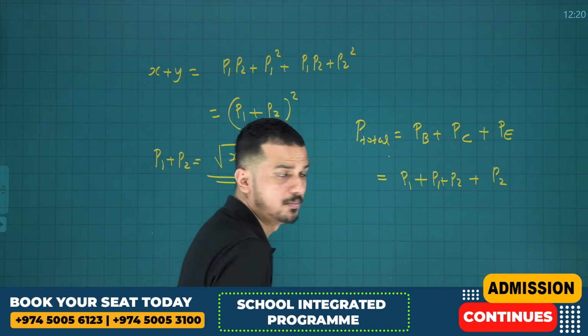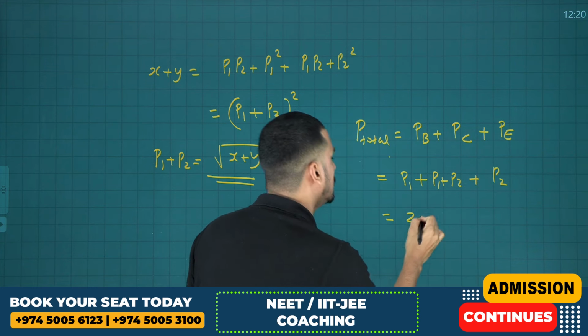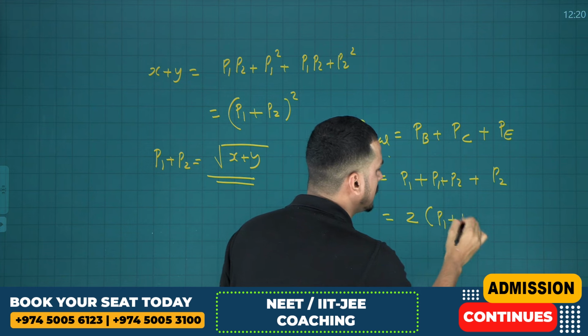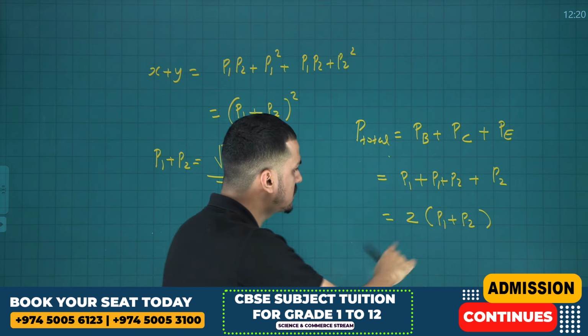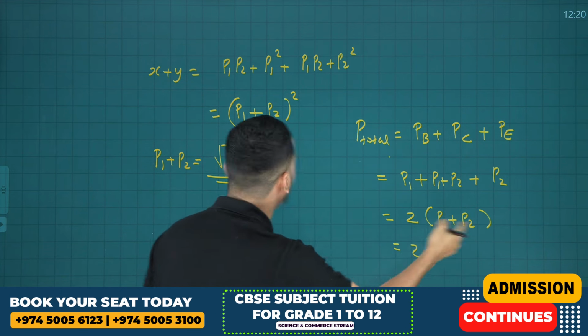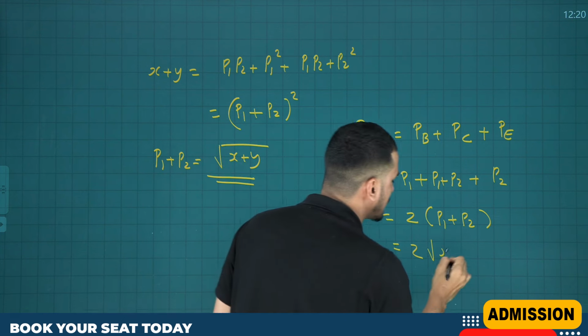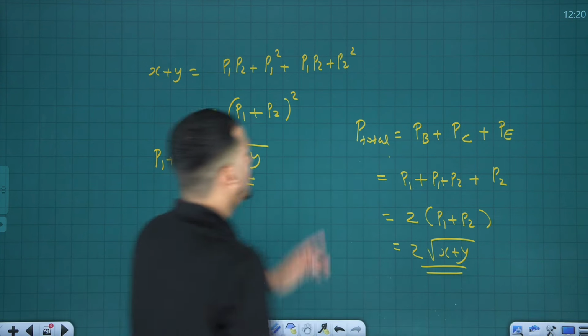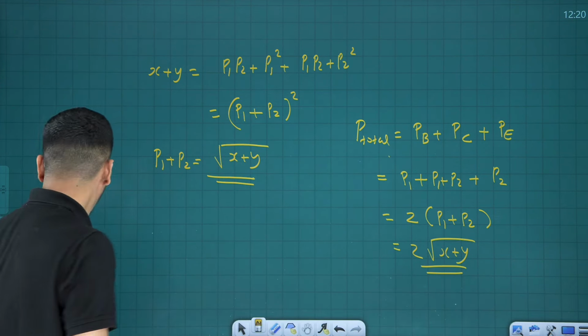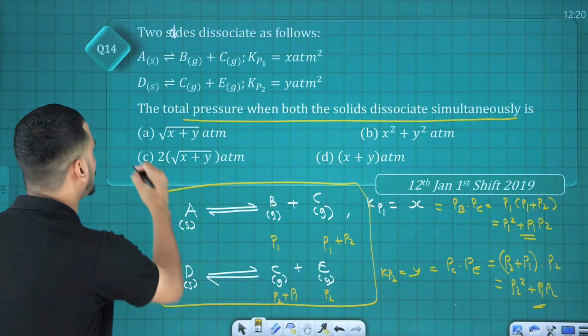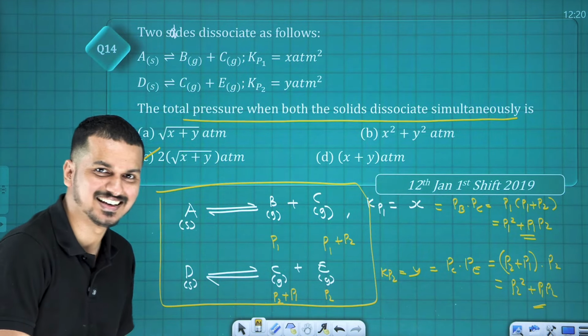So this equals 2 times P1 plus P2. 2 P1 plus 2 P2 means 2 into P1 plus P2, which is root of X plus Y. So P total equals 2 into root of X plus Y. Option C. Clear, dears? Yeah, that's all.